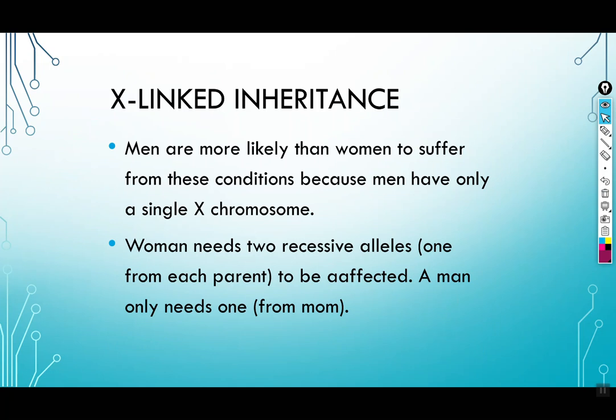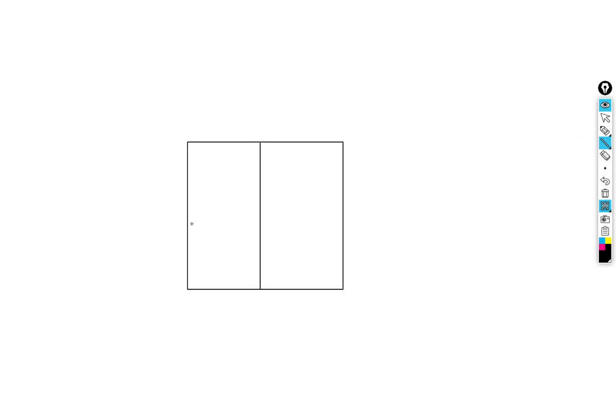So let's actually go to the whiteboard for a minute and game this out. So I'm going to use the power of Epic Pen, which I love so much, to make a Punnett square or a Punnett rectangle, as it were. So let's do some sex chromosome stuff here.